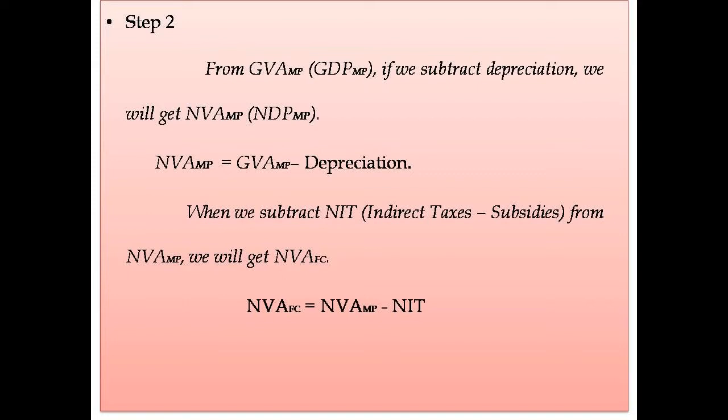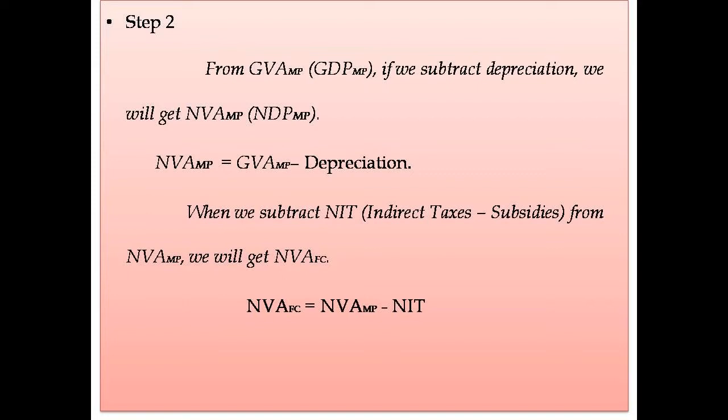Now, from NVA-MP, suppose you want to calculate NVA-FC, net value added at factor cost. NIT has to be subtracted. So NVA-FC is equal to NVA-MP minus NIT, net indirect taxes. From market price, if you want to get factor cost, subtract NIT.